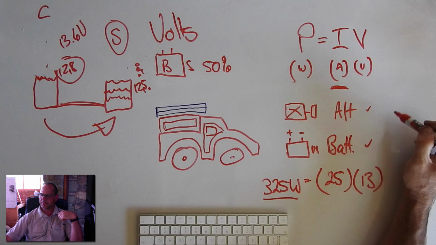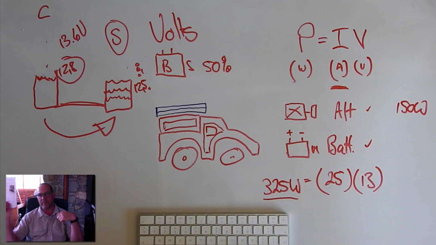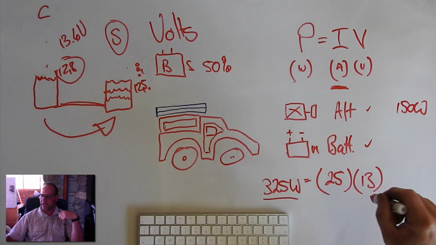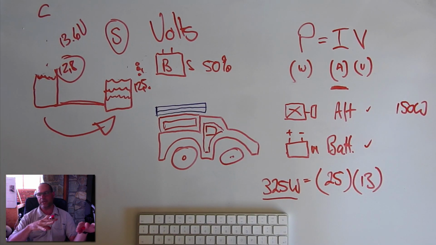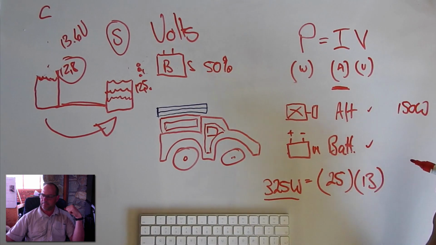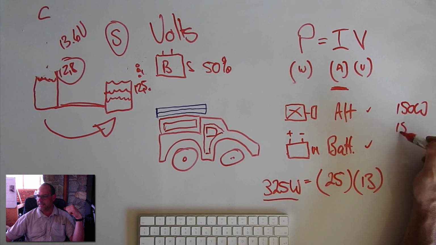150 watts. That's all that you're going to get from the alternator. The rest of the power that goes into your second battery will come from your battery itself. So the battery will push through a bunch of power. Let's say the battery pushes through 20 amps. 20 amps times 25, that's 150 watts.